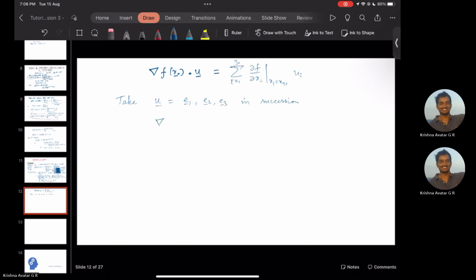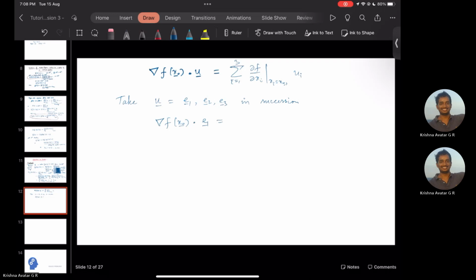Our goal is to find the directional derivative along the e1, e2, e3 axes. In this case, u i is nothing but just 1, isn't it?